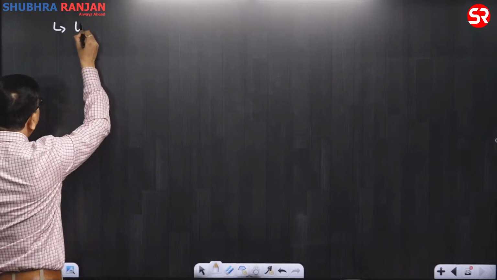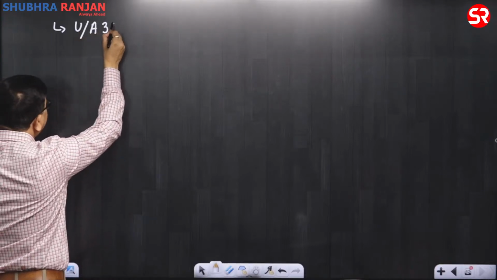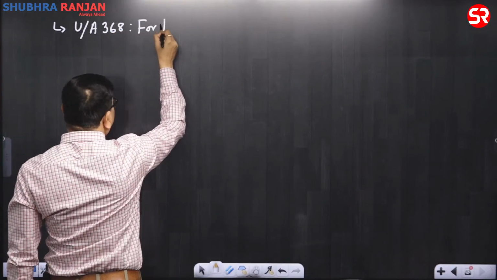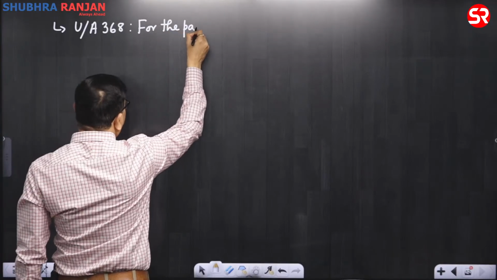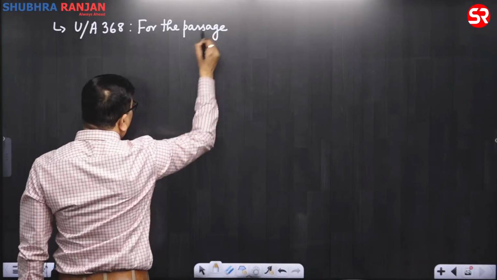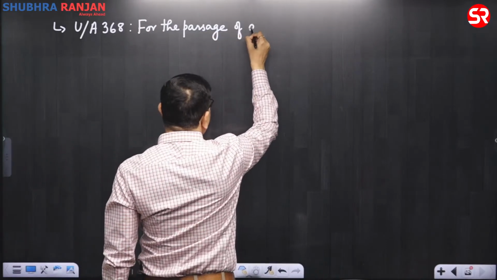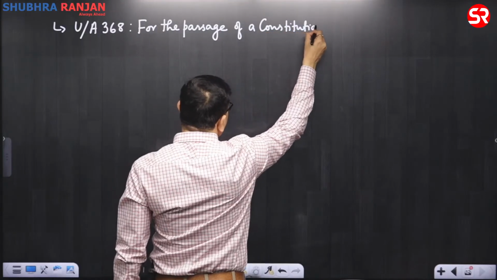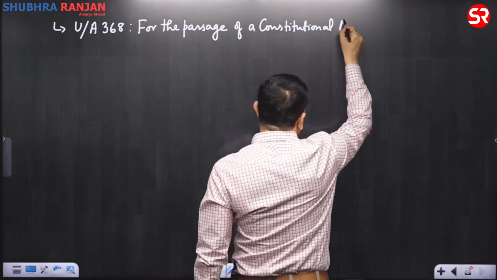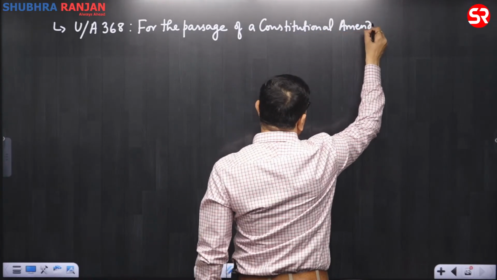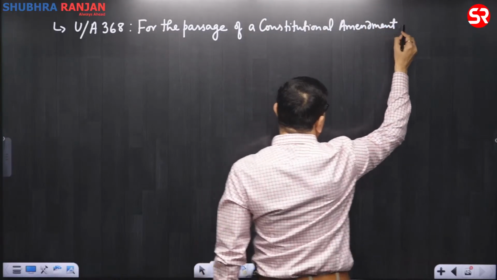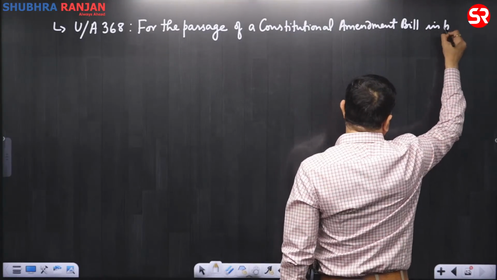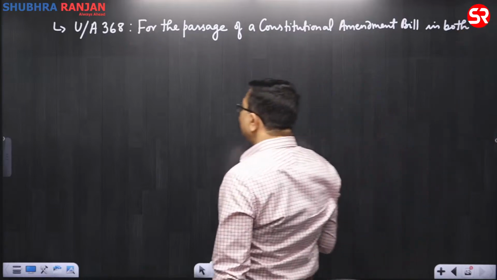First, under Article 368, for the passage of a constitutional amendment bill in both houses of the parliament.